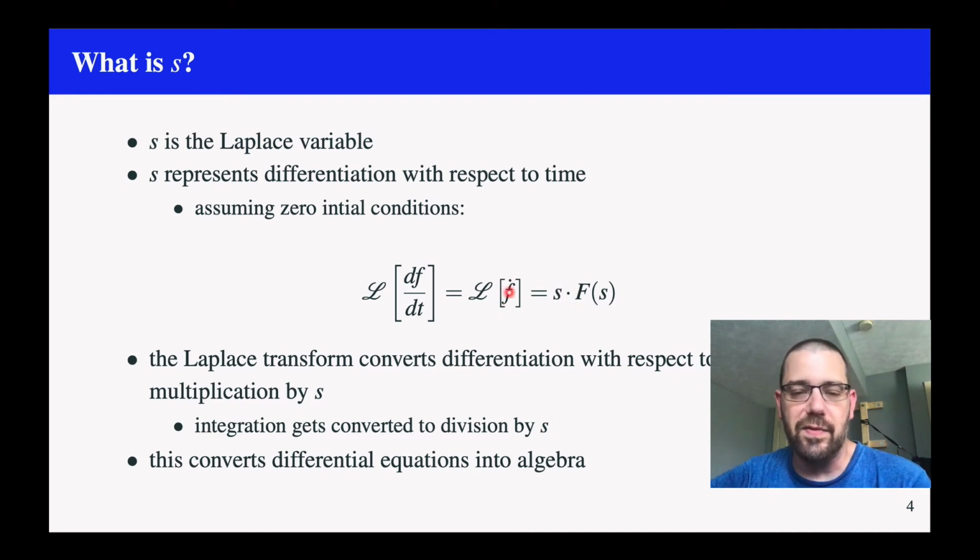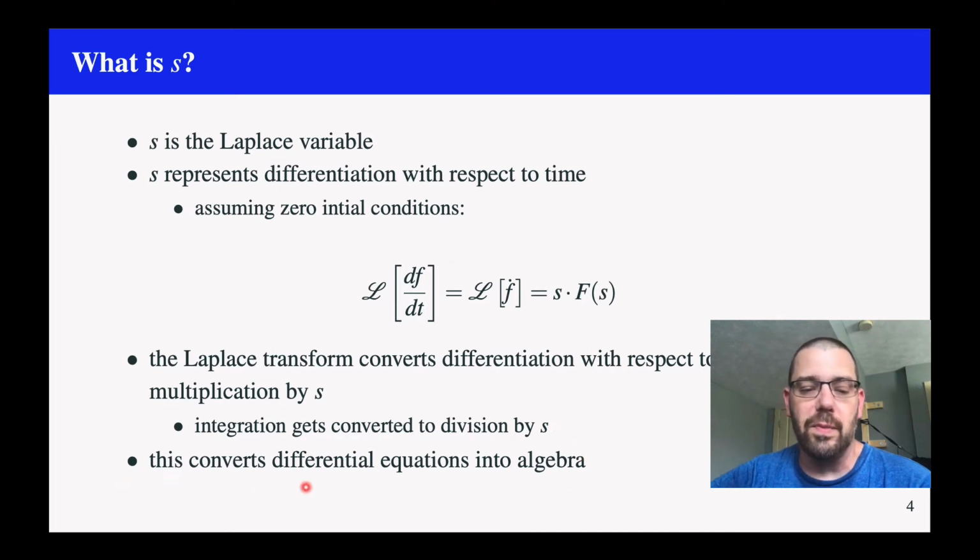So we take f of t, Laplace transform it, and write it as capital F of S. Differentiation with respect to time gets converted to simply multiplying by S. Similarly, integration with respect to time gets converted to division by S.